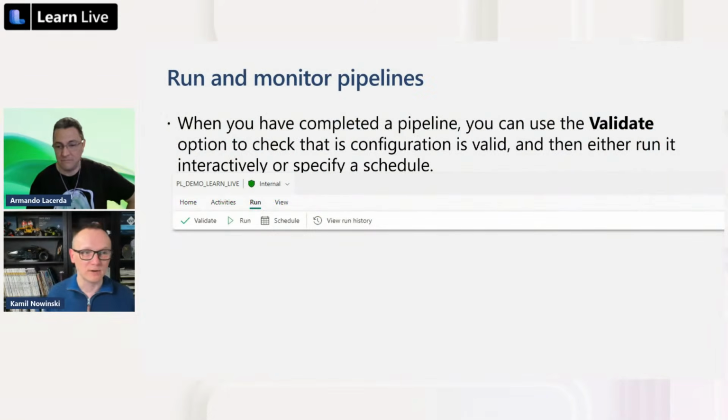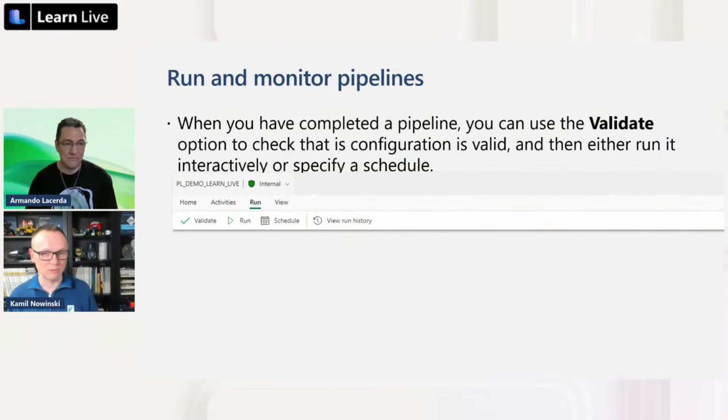So when we go to the monitor tool, we can see in the run tab of the pipeline a few buttons. First button, we can click validate, and I think you partly showed us that. You can click validate, and you can see, okay, there is something wrong with the pipeline.